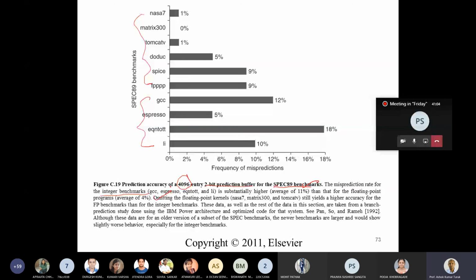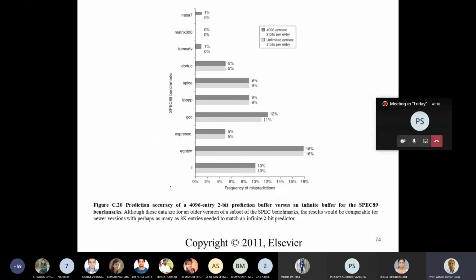So this is with a 4K size buffer, and let's look at the next one, a comparison of buffer sizes. If you increase the size of the buffer, you will be able to store more information, so the prediction accuracy can be increased, or the misprediction rate can be reduced.